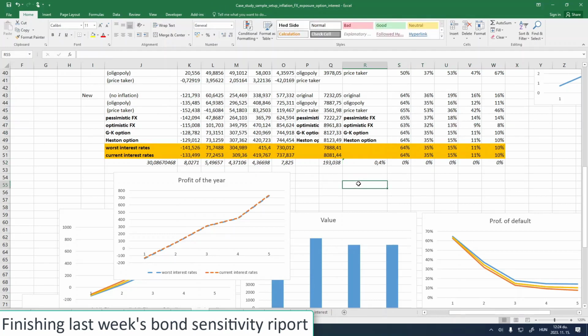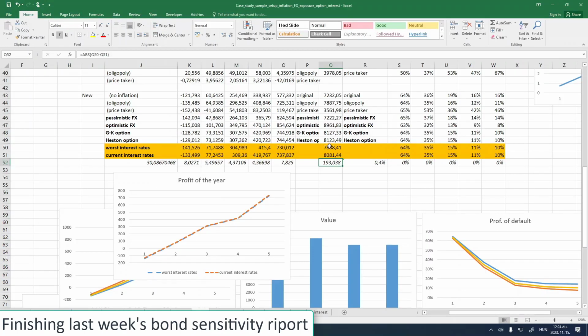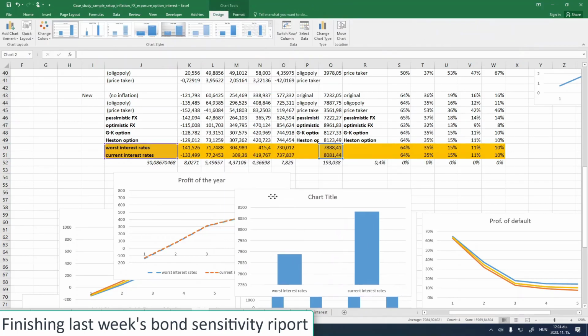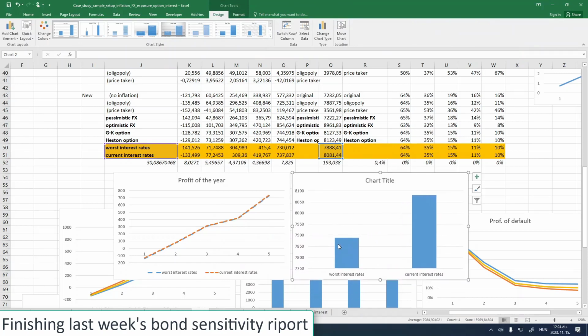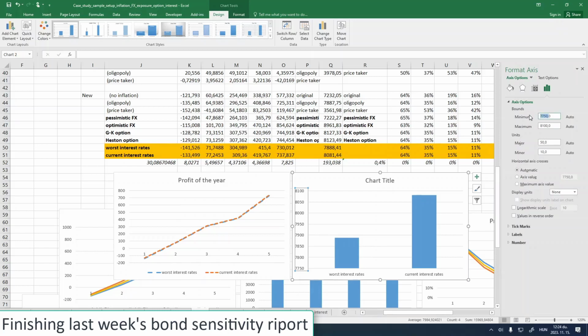Okay. And if we are checking the same thing, okay, this is the politician solution, so let's use 0 as a minimum.